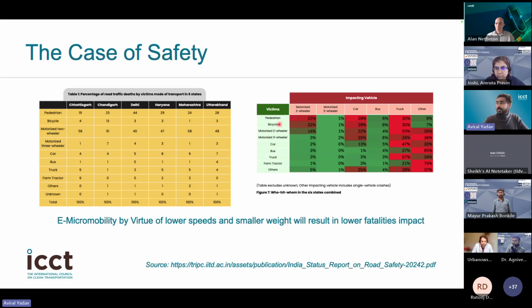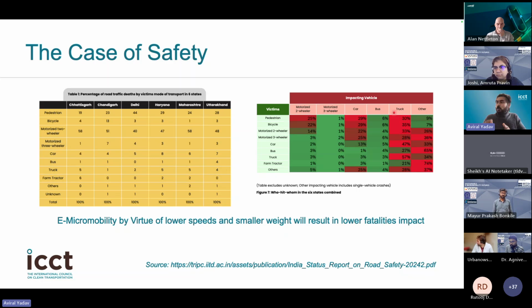And in the case of a bicycle also, motorized two-wheelers are colliding with them, and even motorized two-wheelers with each other. Again, there are other modes also like cars and trucks. So this gives a hint at a bigger problem of mixed road use, which definitely should be taken care of.